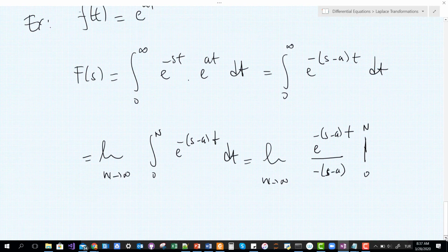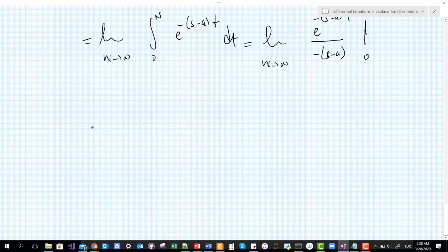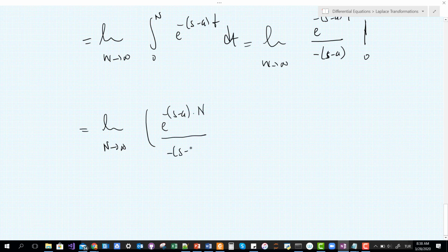Now it is time to take the limit. If I use my first bound, it is e to the negative s minus a times n over negative s minus a. And then plus, since I have another negative from the integral bounds, it is negative s minus a times 0, and look at that, negative plus now, s minus a.